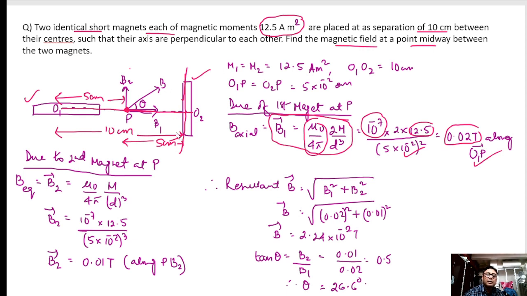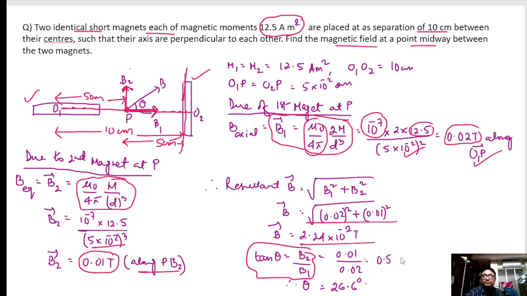Similarly, for the second magnet, it is the equatorial formula we will use. Distance is again same. So we can find out it will be along PB2. This is PB1. And now we can find out the resultant magnetic field and the angle also. This is the angle. Clear?